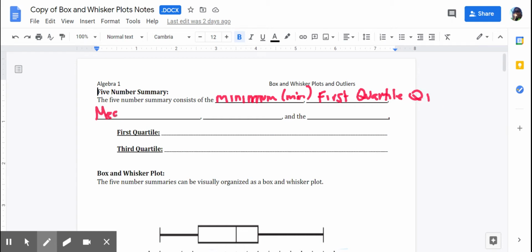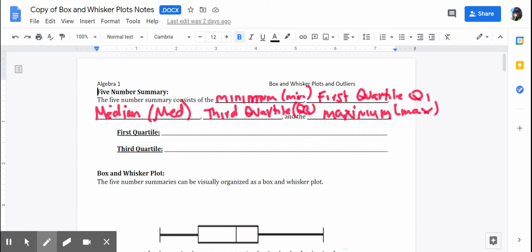The median, which we found yesterday, we talked about that's a measure of center. That's denoted by MED in the calculator. The third quartile, which will be Q3 in the calculator. And finally, the maximum. And the maximum will be represented by MAX.